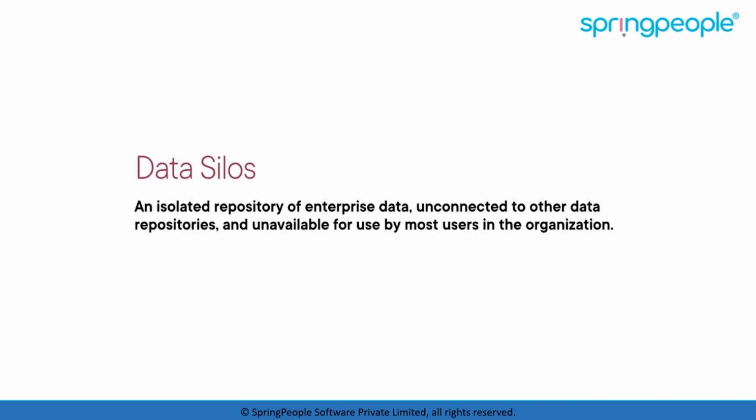What it means is, if I am from a sales team, I will use only the sales data. I will not have access to the CRM data, ERP data, inventory data, or marketing data. Similarly, a person from the marketing team will have access to his own database. He will not be able to access the other parts of the data.